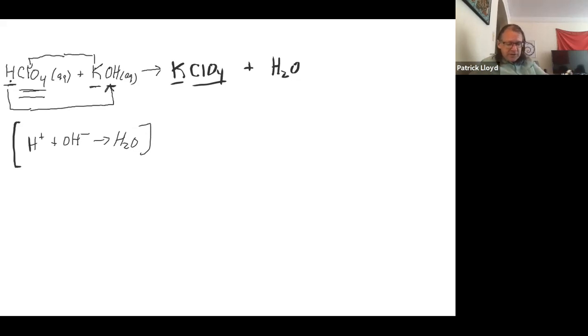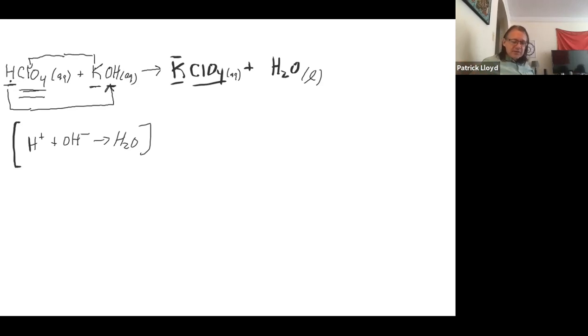Okay, we can do states of matter. Water is a liquid. And we have potassium here. That's a group 1 metal, right? The group 1 metal compounds are soluble. So this would be aqueous. So in a sense, it's a little bit like a precipitation reaction. It's analogous to a precipitation reaction in that you're getting two compounds, one of which dissolves into water, right?